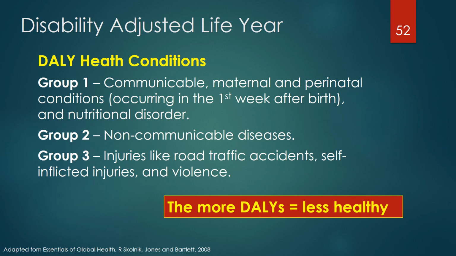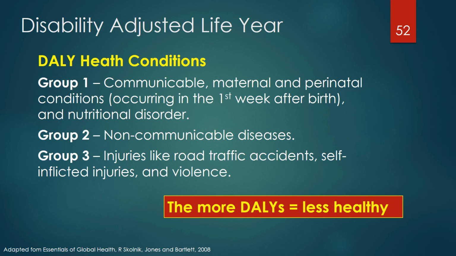When calculating DALYs, health conditions are generally divided into three categories. Group 1, communicable, maternal, and perinatal conditions occurring within the first week after birth, and nutritional disorders. Group 2, non-communicable diseases. Group 3, injuries like road traffic accidents, self-inflicted injuries, and violence.